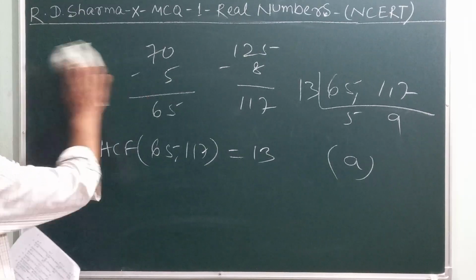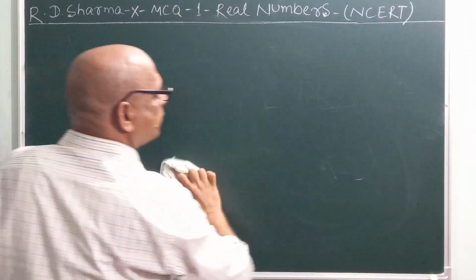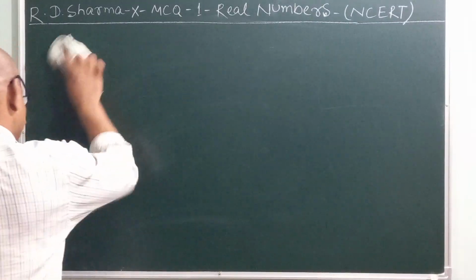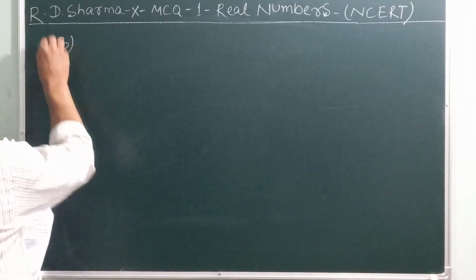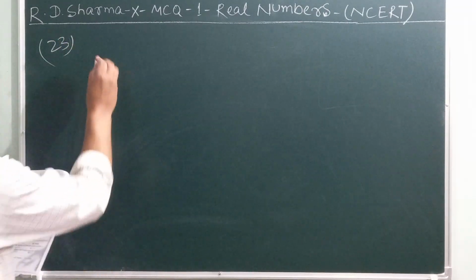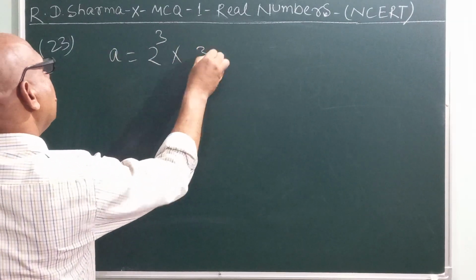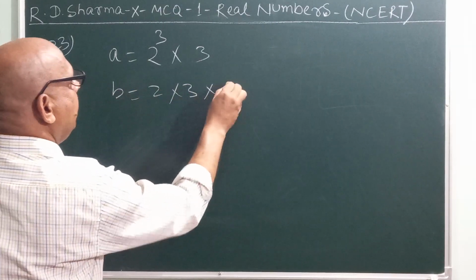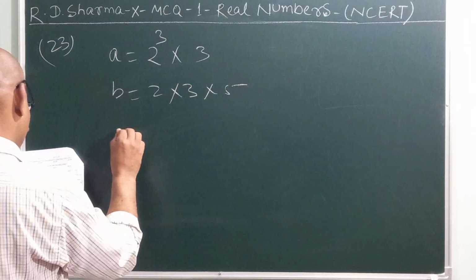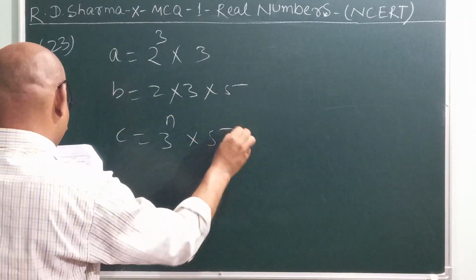Next, 23. A equals 2 into 3, B equals 2 into 3 into 5, C equals 3 to the power n into 5.